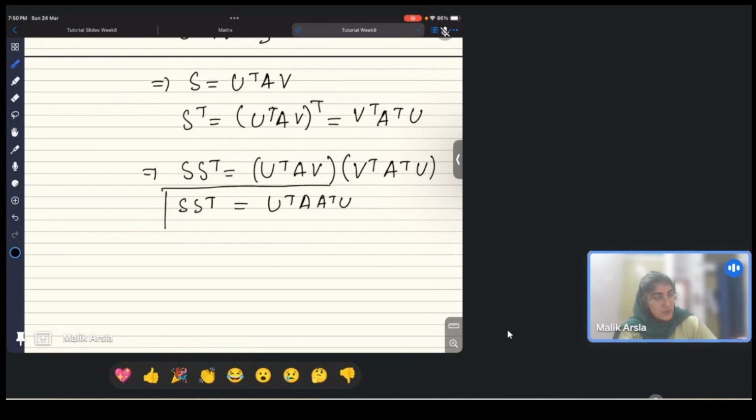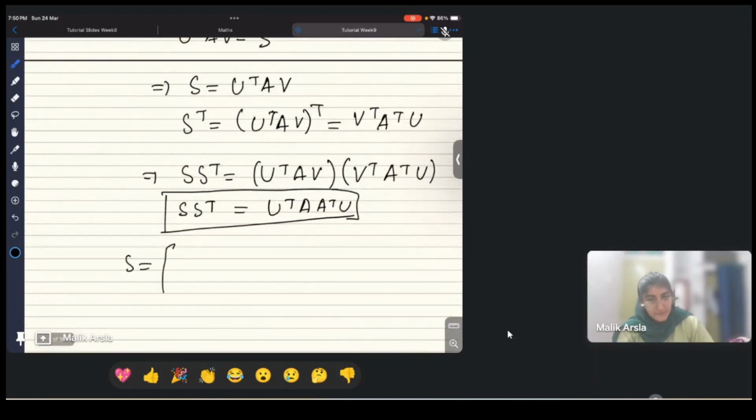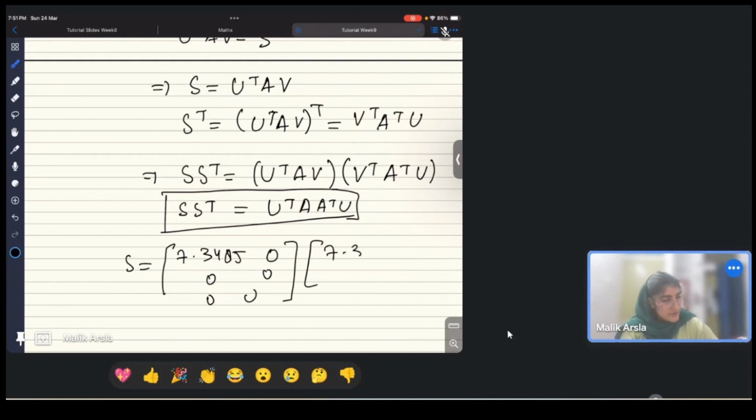So tell me quickly what value you are getting for S into S transpose, given that S is equal to 7.3485 and so on.